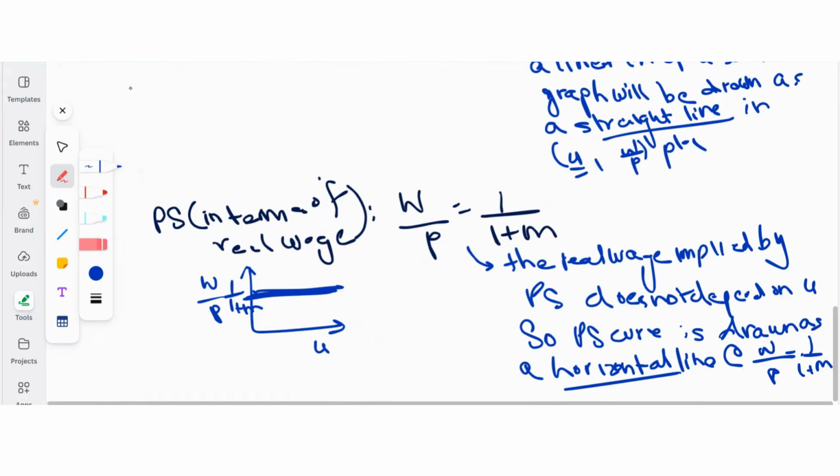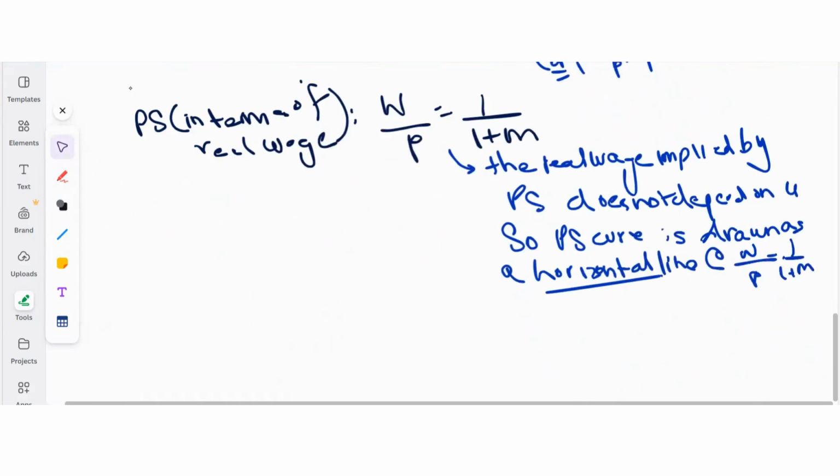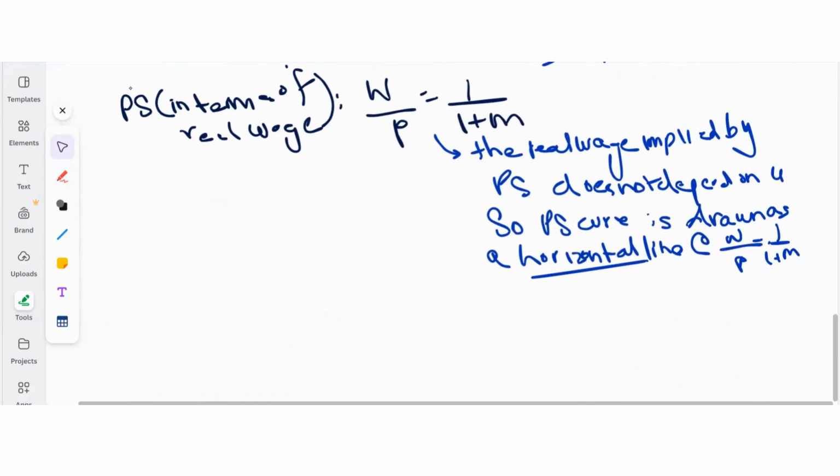But when you're plotting the WS-PS model, we always take W by P on the vertical axis. So that's why the PS is going to be a horizontal line.